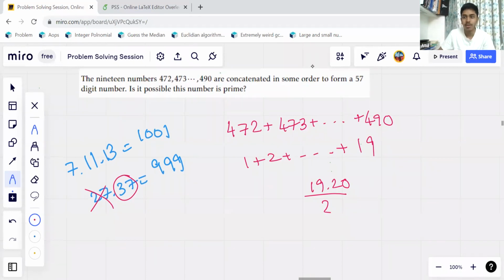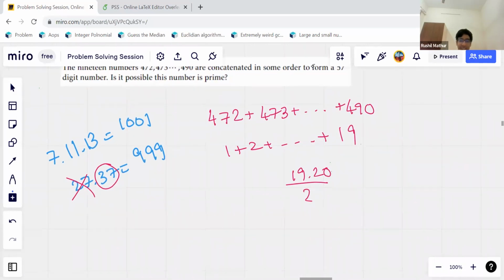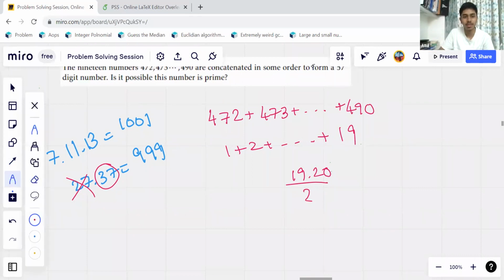Okay. How do you find this? 370, 102. It does make sense though, because 19 and 20 is around half of 57. Let's just add 102.